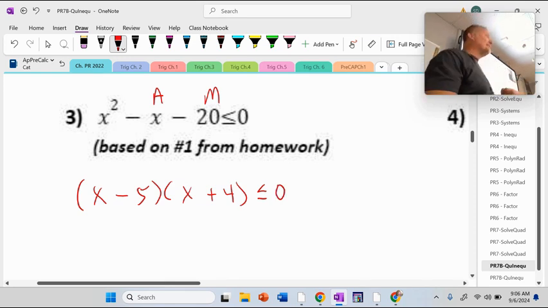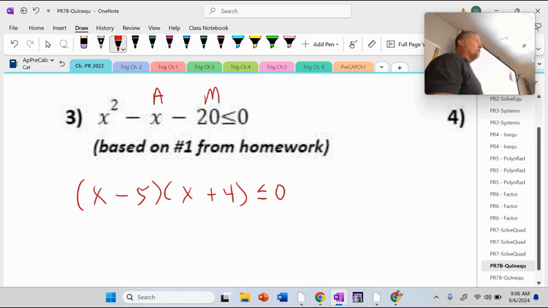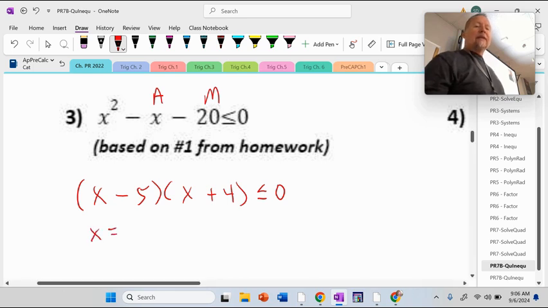All right. It's good. Now, we're going to say less than or equal to 0 right now. We could treat that as an equation for a moment. Then we should understand that our key critical numbers are x equals 5 and x equals -4, zero product property, right?